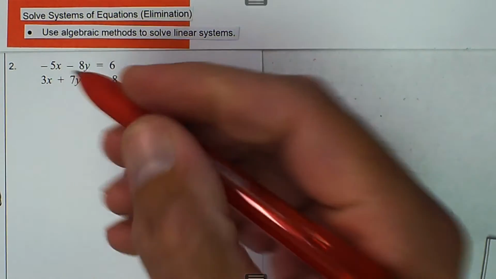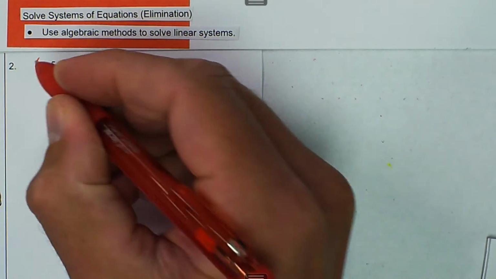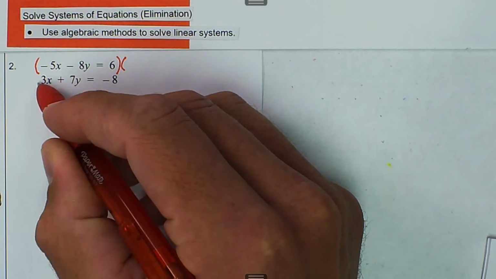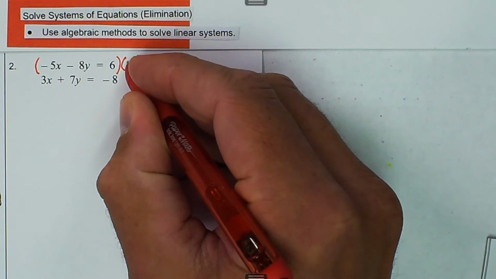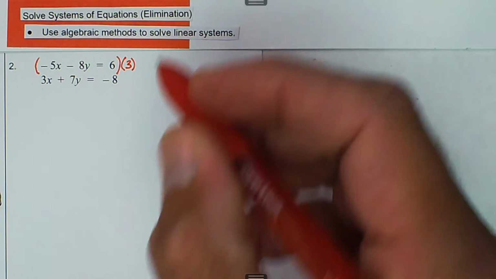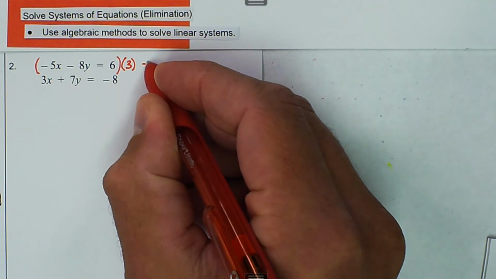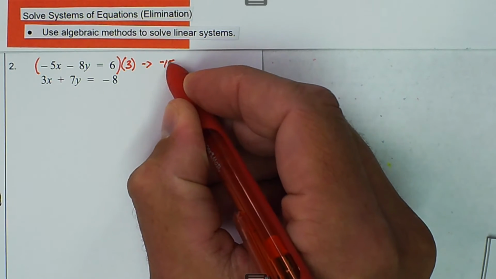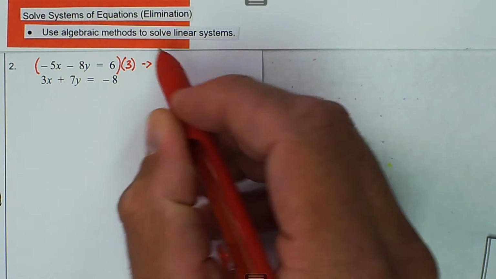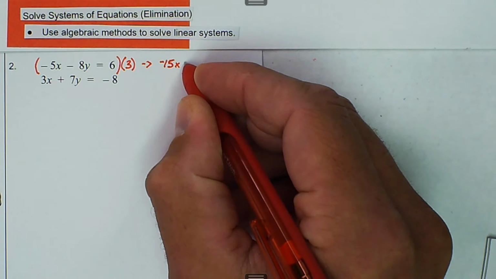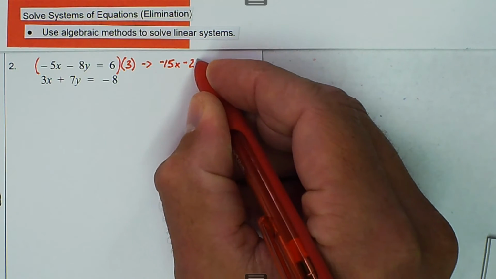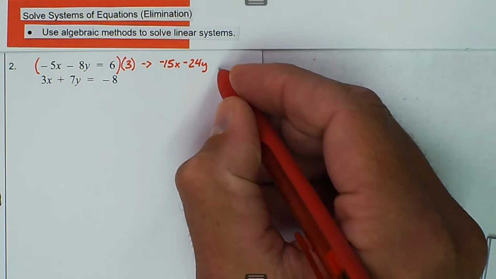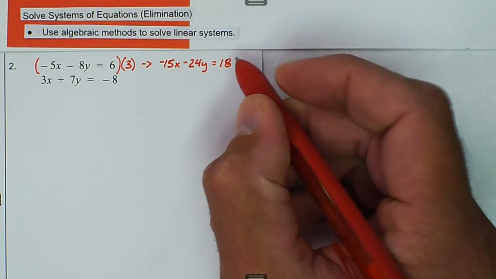So I'm going to pick the x just to keep the coefficients smaller. We already have opposite signs, a negative and a positive, so I just have to multiply this first equation by 3, and what we get is -15x, 3 times -8y is -24y, and 3 times 6 is 18.